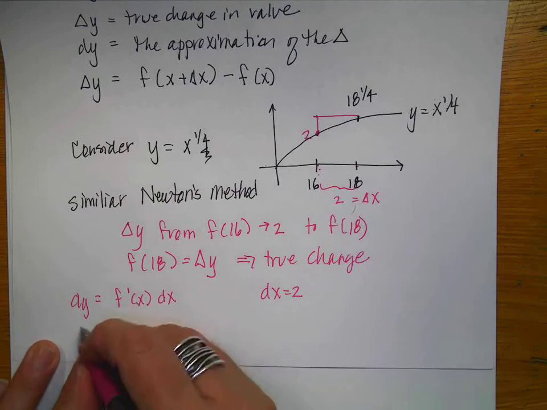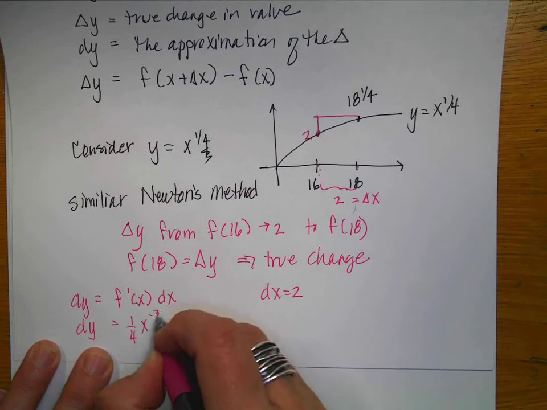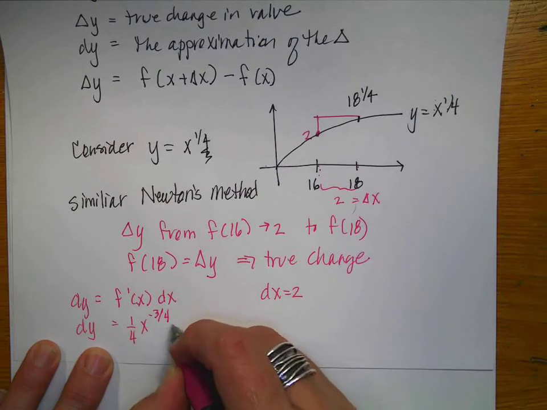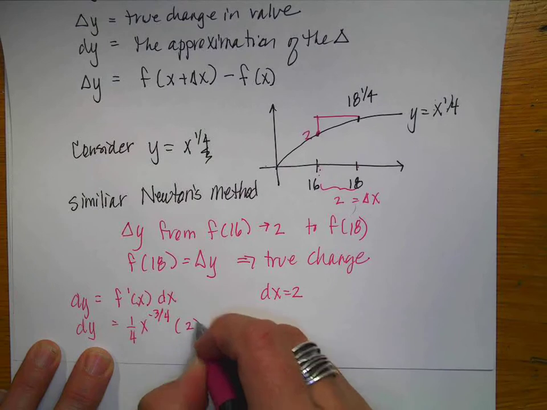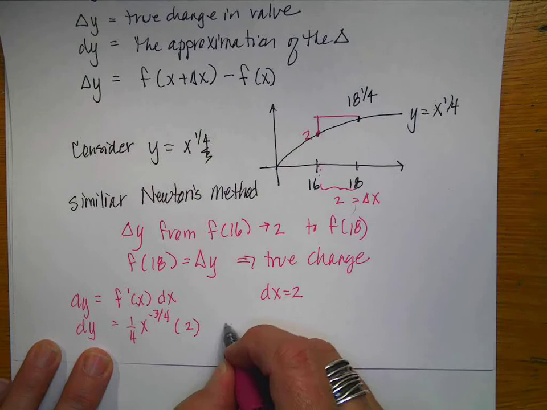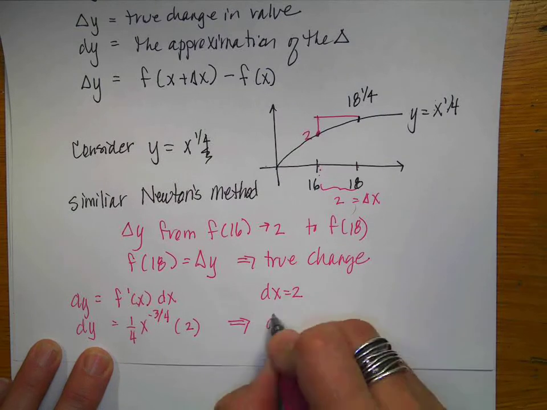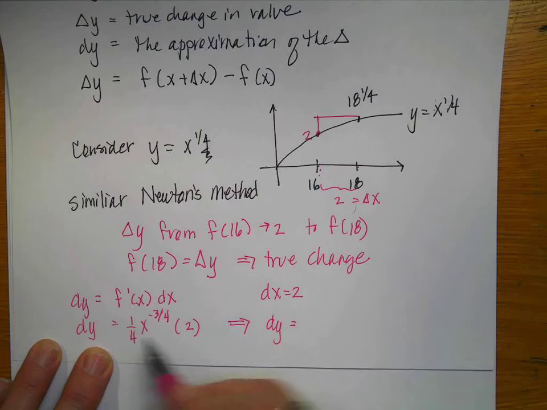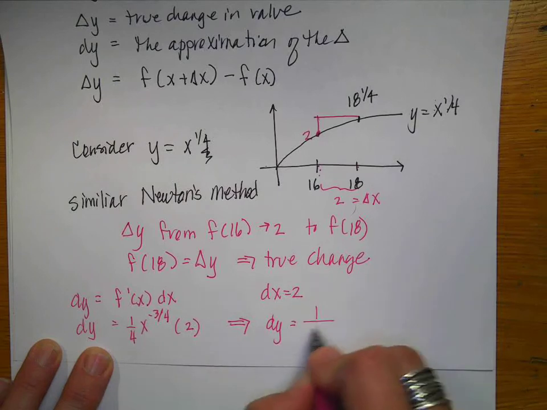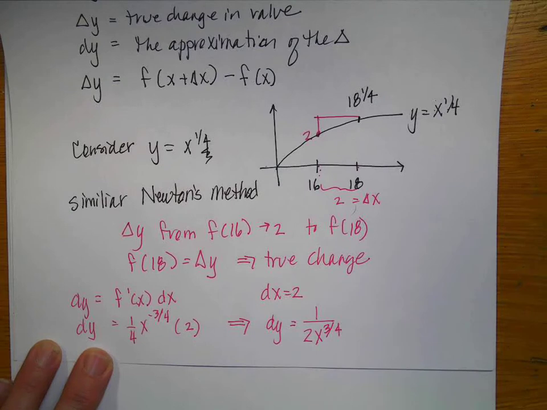So if I take the derivative of the function, dy is going to equal 1/4 x to the negative 3/4 times delta x, which is 2, okay? So when I do that math, I get that dy is going to equal, 2 goes into 4 2 times, so this is 1/2 times x to the 3/4. That's what dy is equal to.